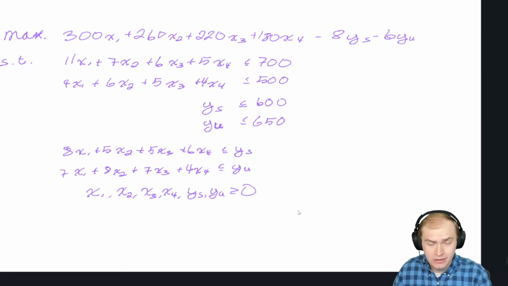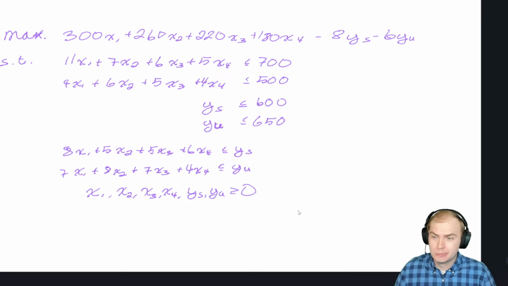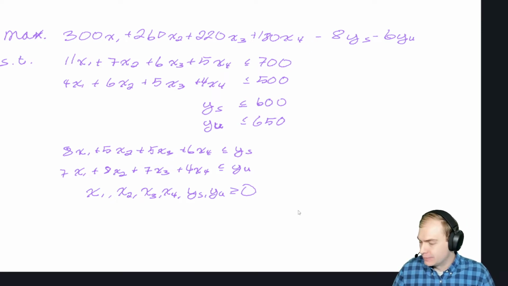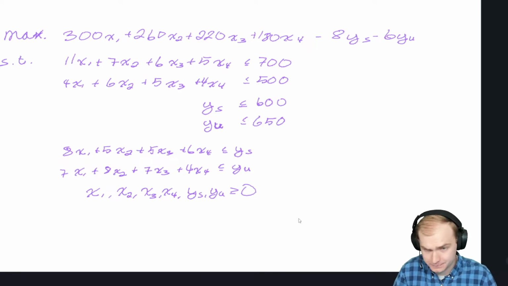This is important. In this problem, it doesn't really play much of a part, but in many, many problems, if you forget to tell the computer that your variables should be strictly non-negative, you're going to run into issues. And so we always include this line here.